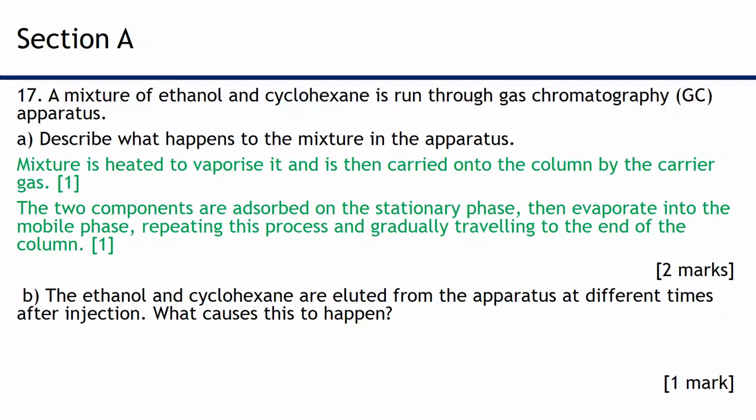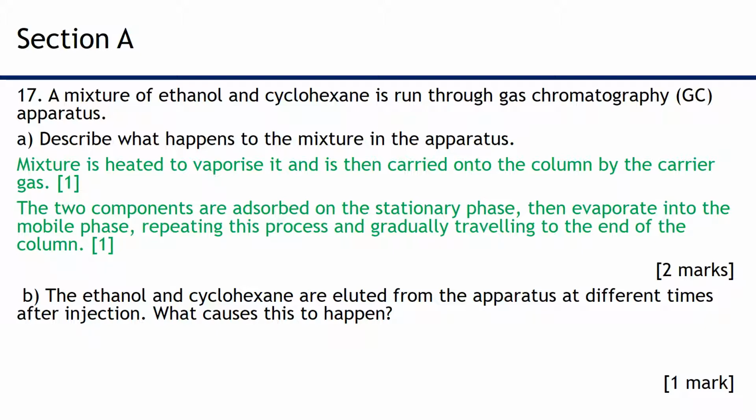The two components are then adsorbed onto the stationary phase, then they evaporate into the mobile phase, repeating this process and gradually travelling to the end of the column. So in chromatography, you should remember that you have a stationary phase and a mobile phase. The mobile phase in gas chromatography is the carrier gas, and the stationary phase is either a solid or a liquid that is stuck to the column.